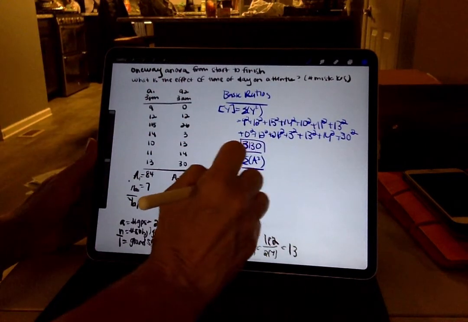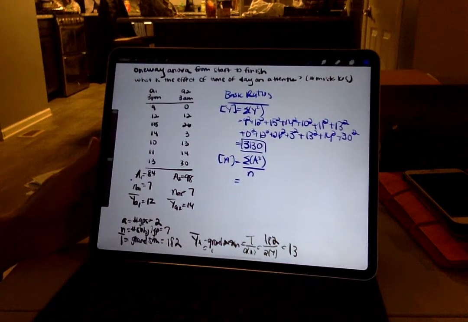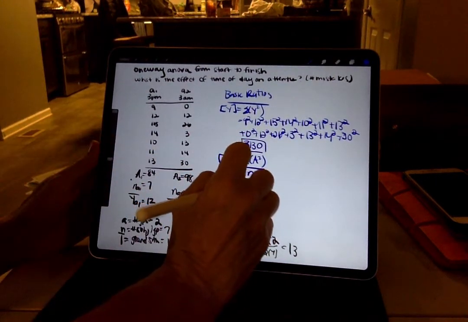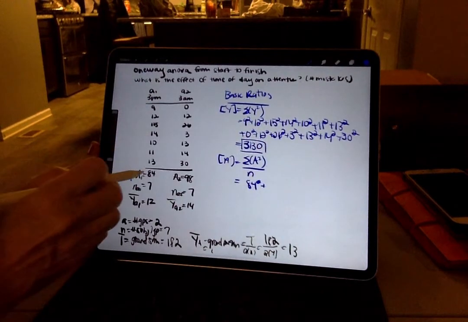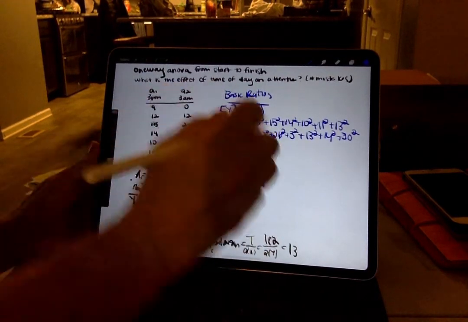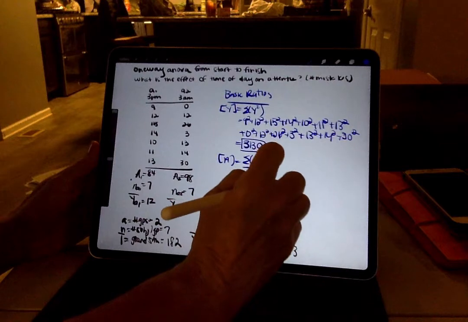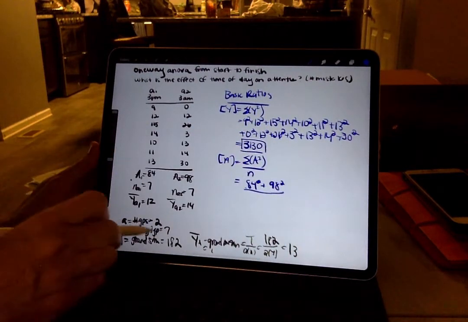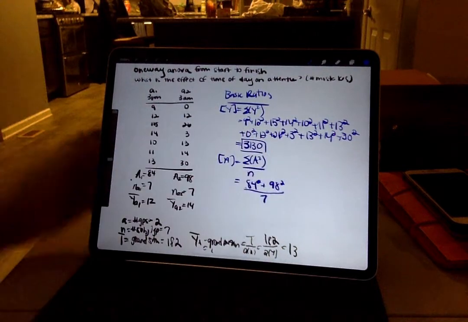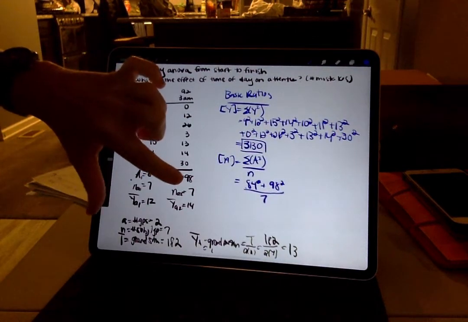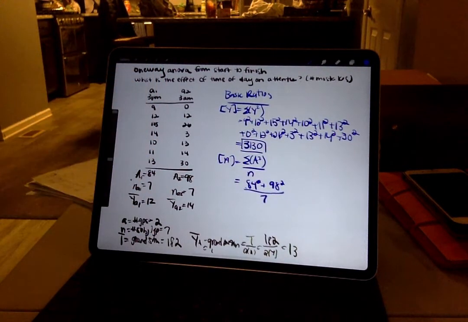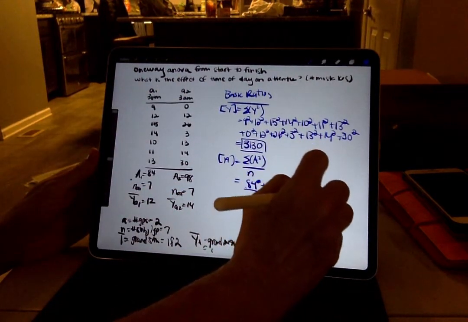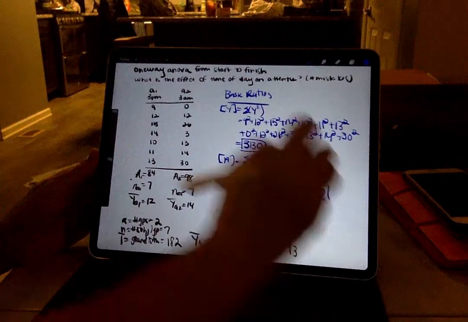So we're going to take our column sums, square them, add them up, and divide by n. Our first column sum is 84, which is right here. We're going to square that, and then we're going to add our next column sum, which is 98, square that, and divide by our n, which is 7. Again, it's 84 squared plus 98 squared divided by n. And when you do the math on that, it equals 2380.